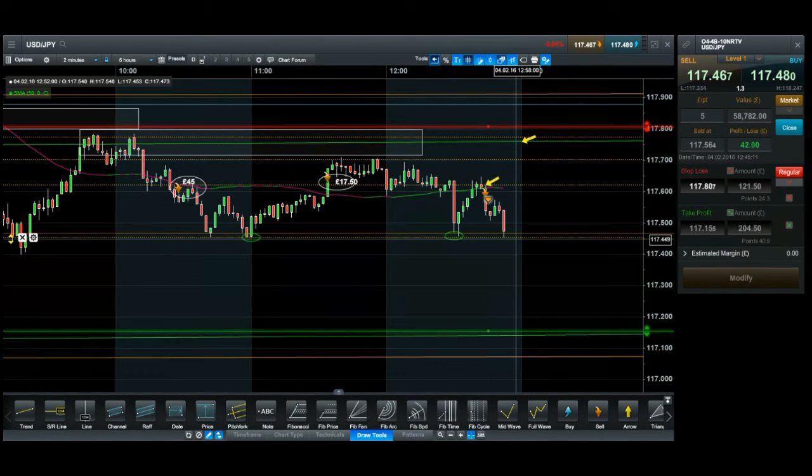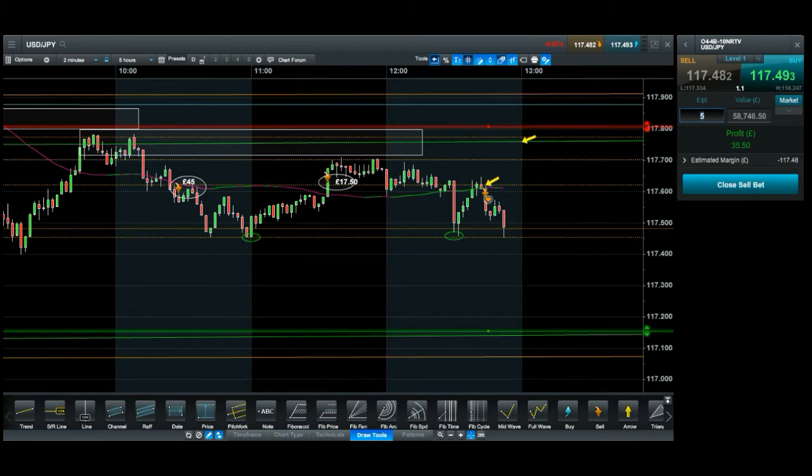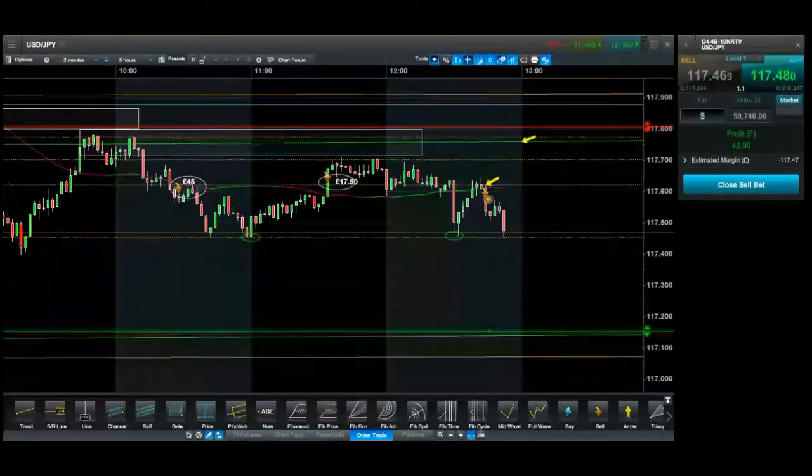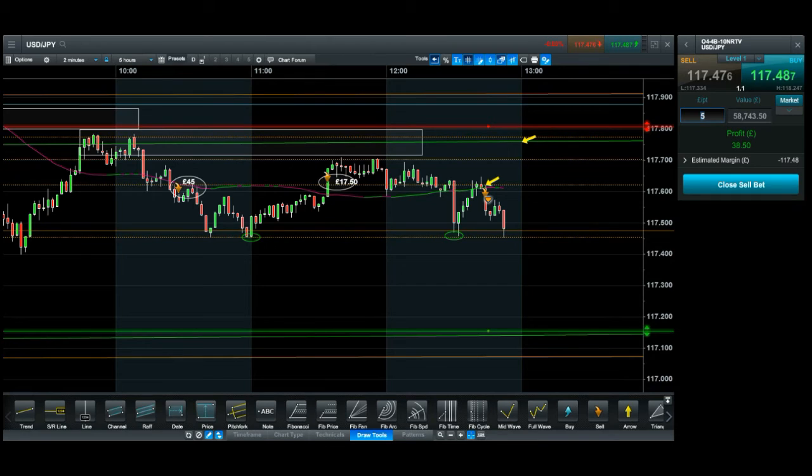Should I take it or not? Or should I just wait a little bit longer? Set up first. If anything's going on there, there's a lot of reaction from the market there. So if anything strange is going on, I just get out and make whatever profit I'm making. Have to be patient.